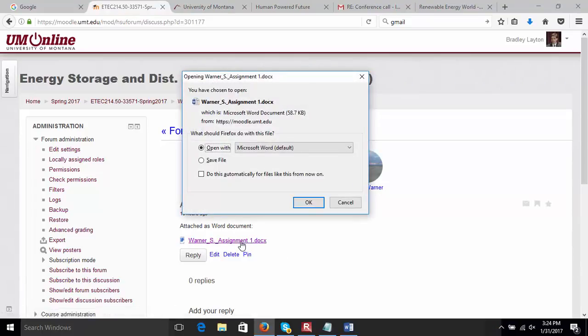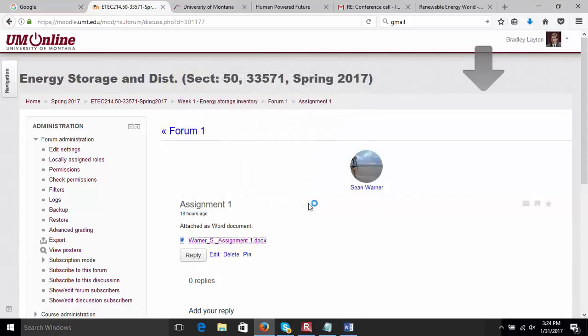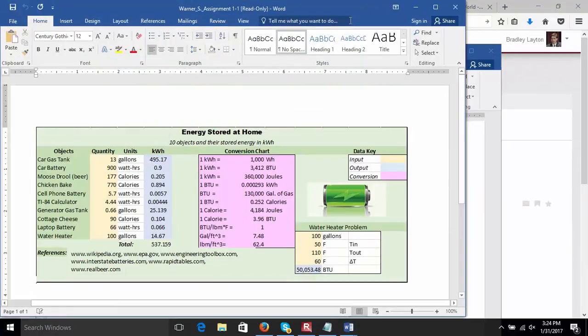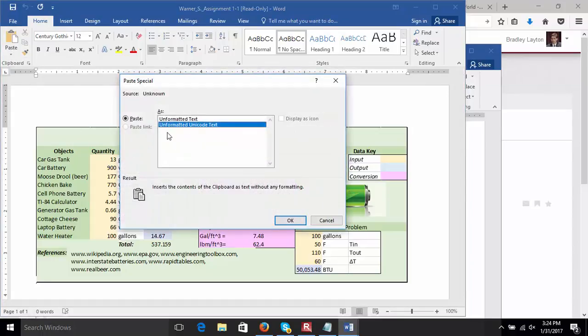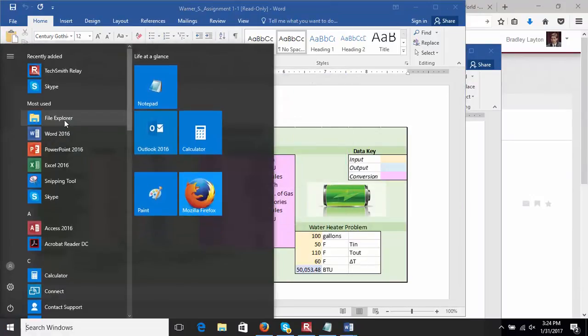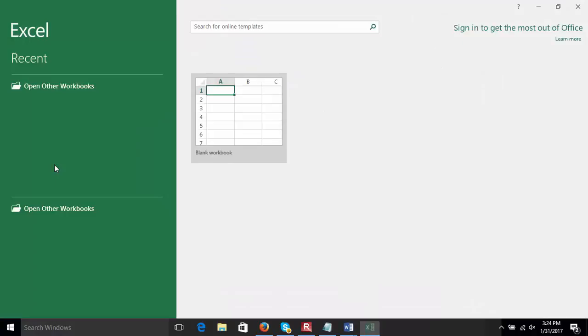And I'm just going to make a note. It's fine that this is in Word. The only thing I'm going to suggest is that Word will allow you to paste something in as an Excel spreadsheet. Don't do that. Let me pull up Excel really quick.